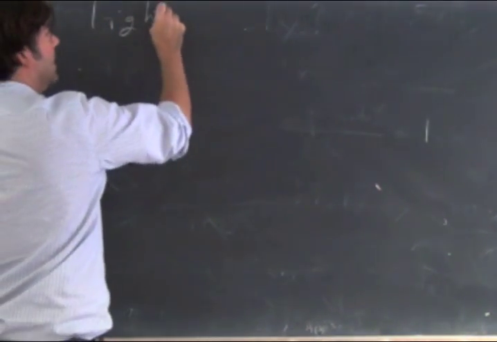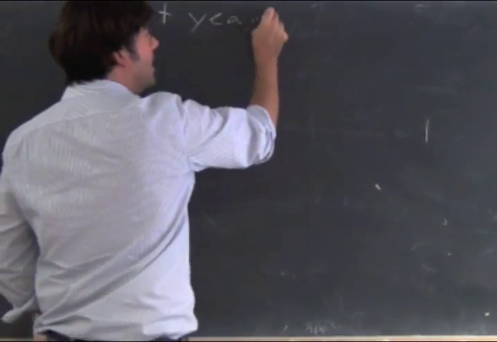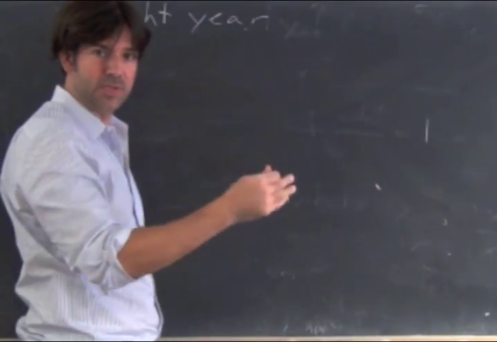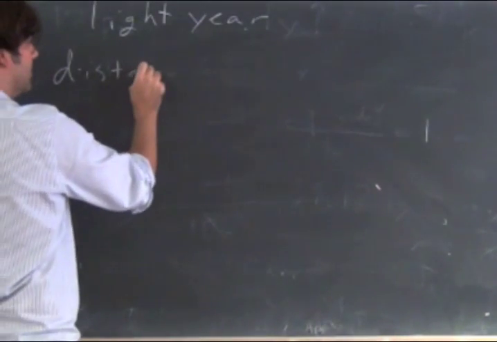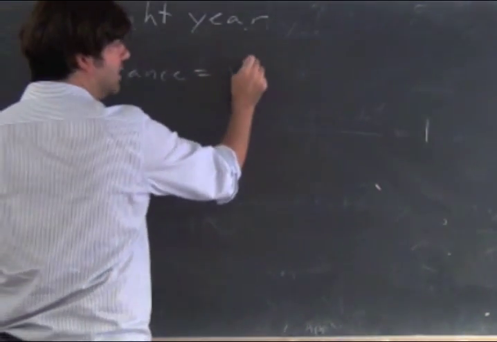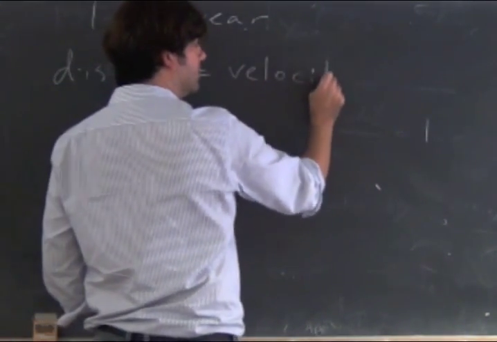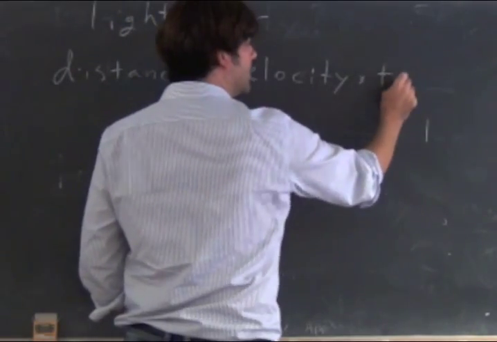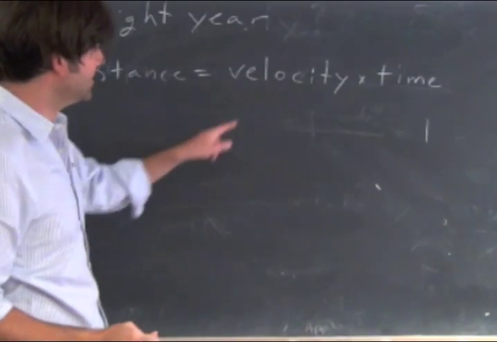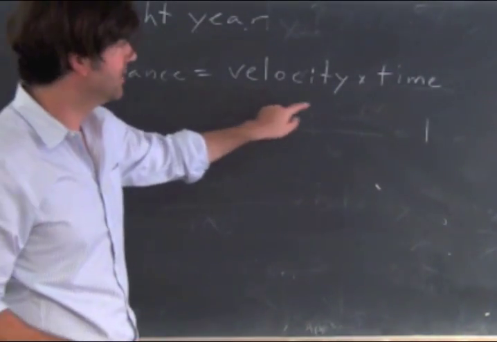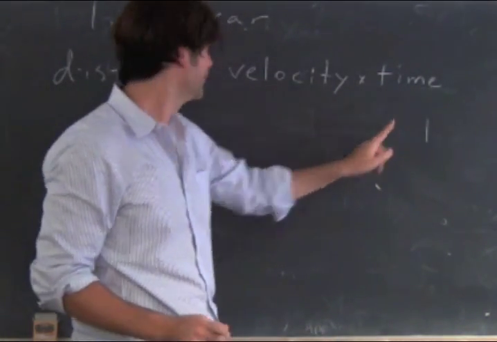Well, remember, a light year is how far light goes in 1 year. And distance is equal to velocity times time. So, in this case, velocity is the speed of light, and time is 1 year.